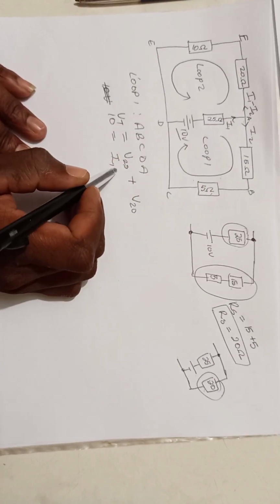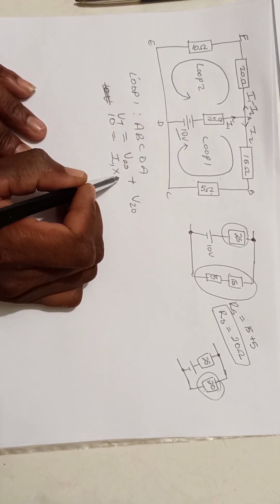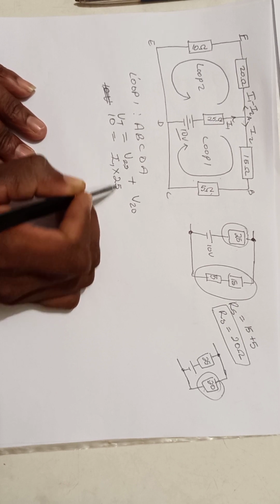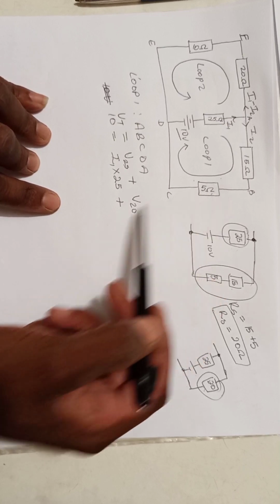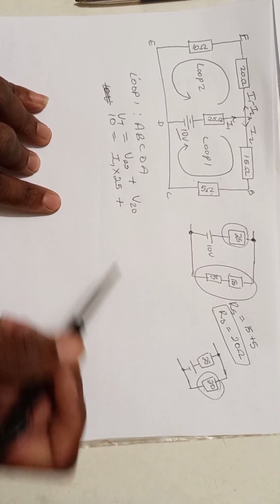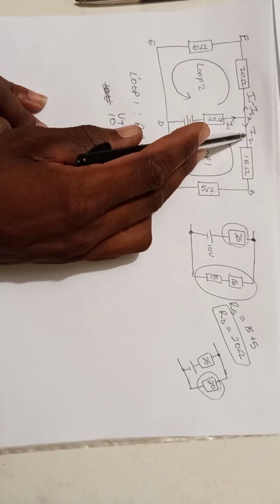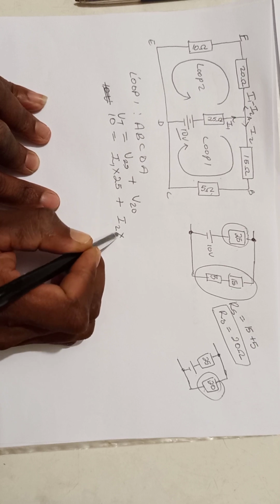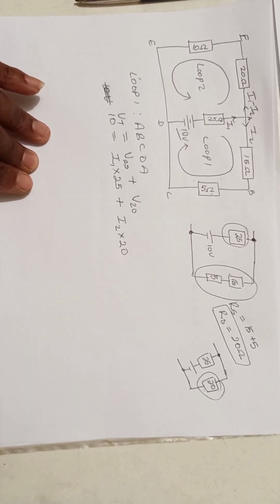It's going to be I1, which is the current, times this resistor, which is 25, plus, now we're coming across this resistor. What is the current across this resistor? It's I2, so we'd say I2 times the 20 ohm resistor.